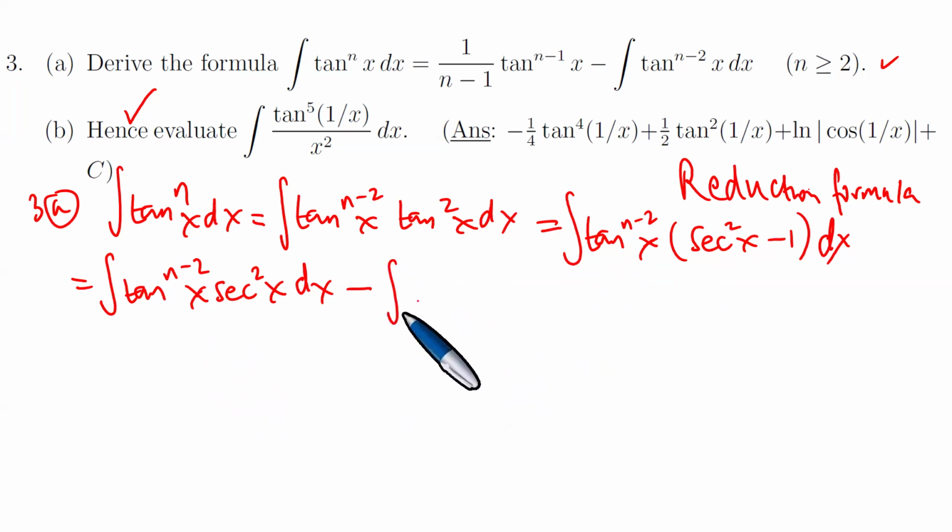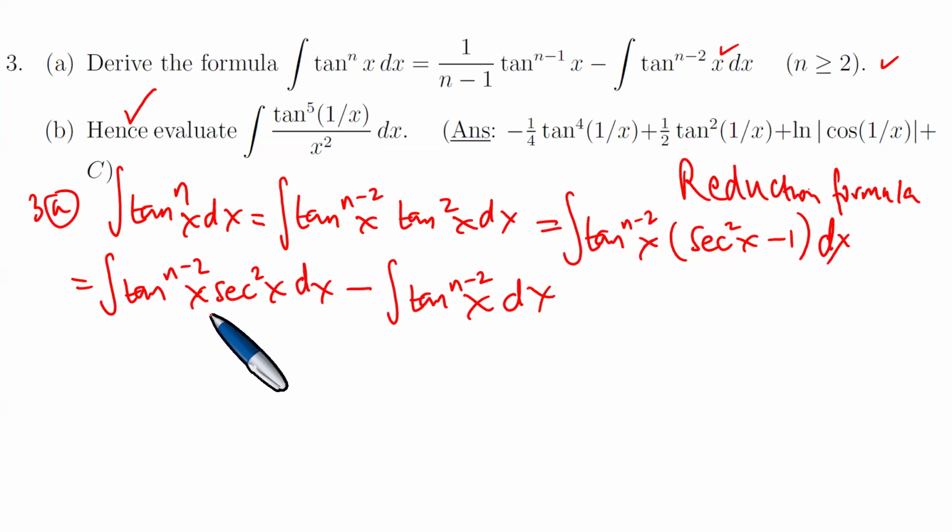So you have the integral of tangent n minus 2 x secant squared x dx, minus the integral of tangent n minus 2 x dx. We're getting close, because you already have this one. But now you need to deal with this particular integral.